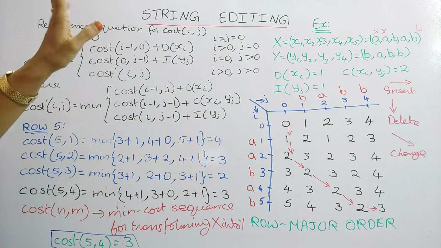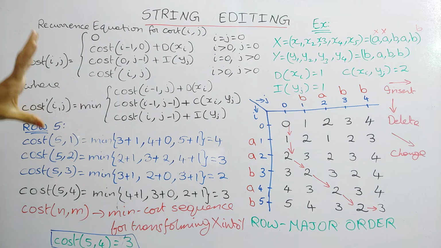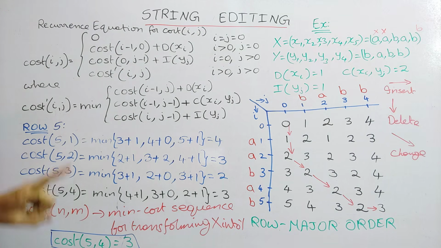So you can transform x into y with a minimum cost of 3. So this is the final solution. You cannot get a solution that is better than this one. So this is using the principle of optimality of dynamic programming.